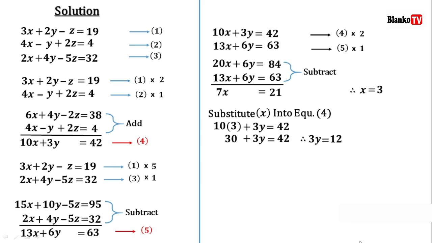That is by means of grouping like terms. Okay, 42 minus 30 will give us what? 12. Okay, so we have 3y equals 12. So therefore y is going to be 12 divided by 3, which is 4.